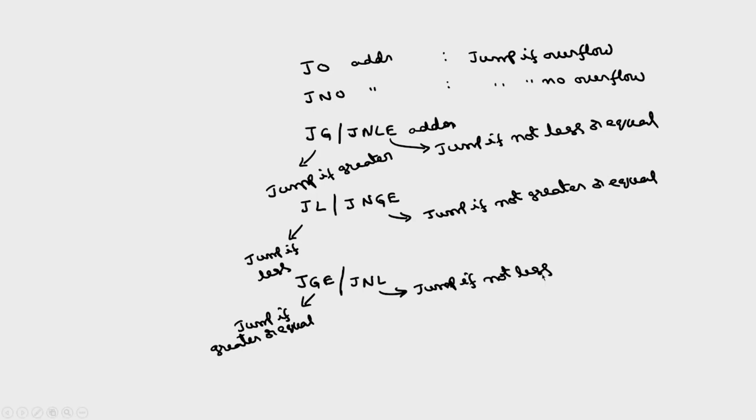Similarly, if I take this E to this side, we have jump less than or equal or jump if not greater. Jump if less than or equal, jump if not greater.